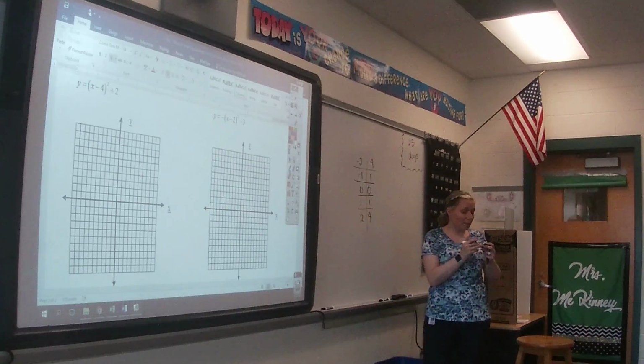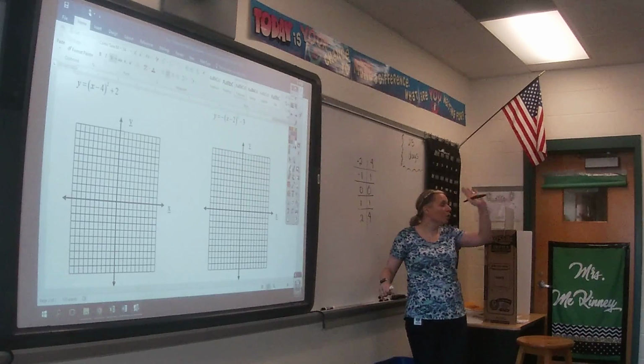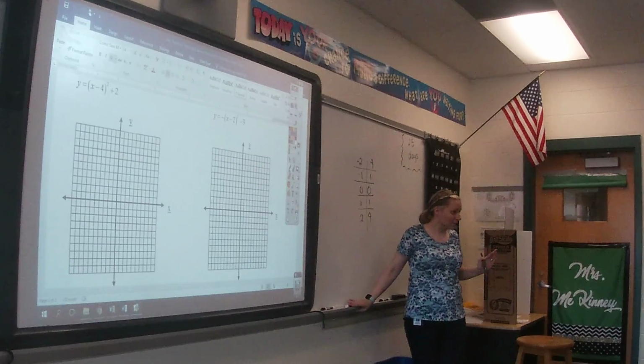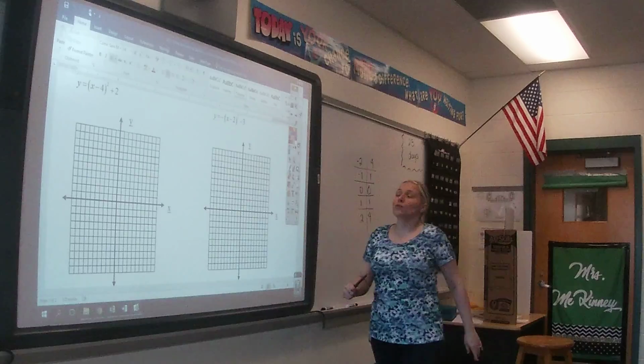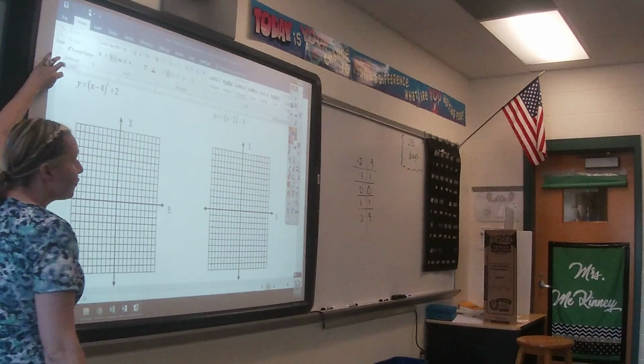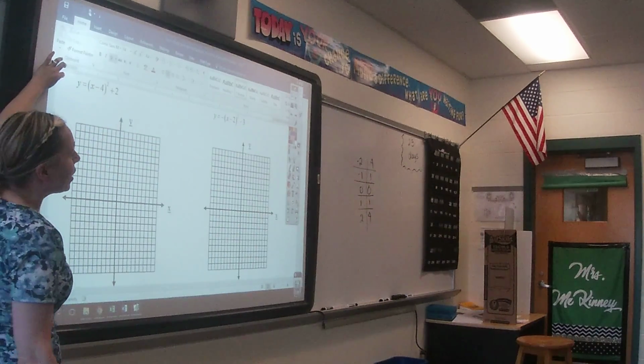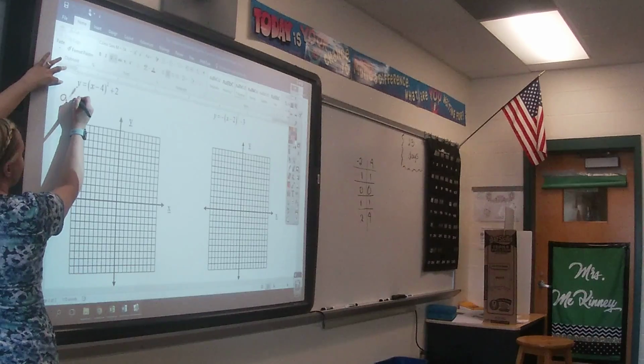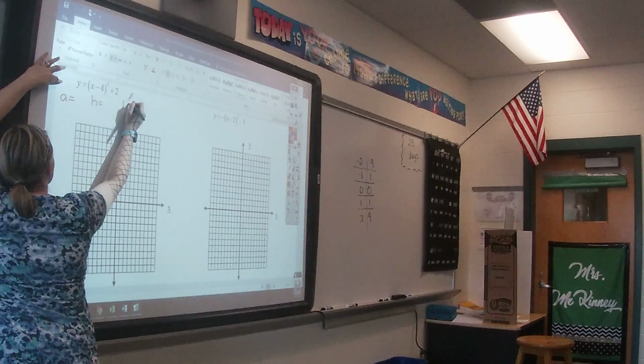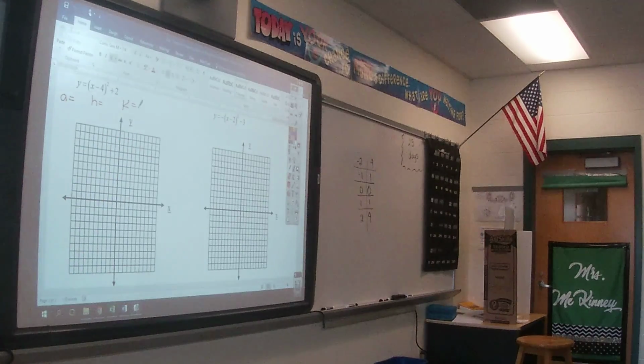It's still going to be based on this original one. We're just moving it around in the quadratic plane. Okay, so if we're asked to graph this, the first thing we are going to do is identify the value of A, the value of H, and the value of K.